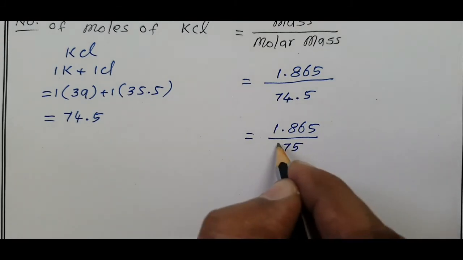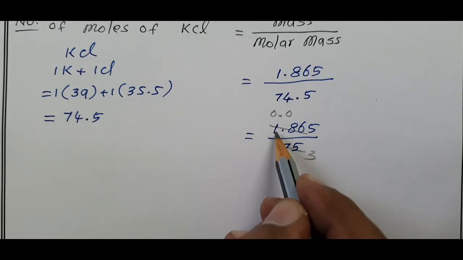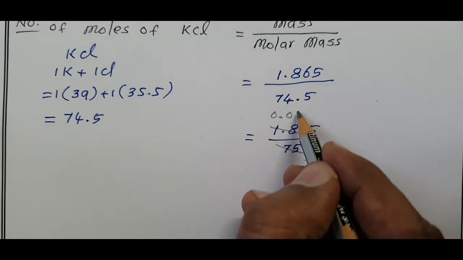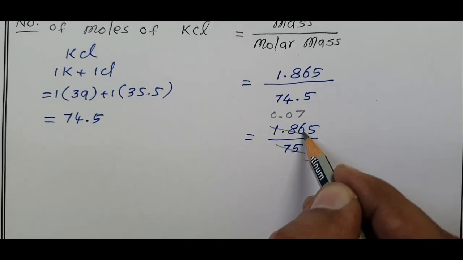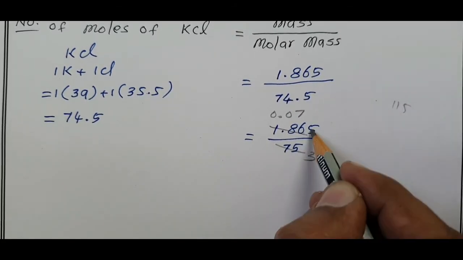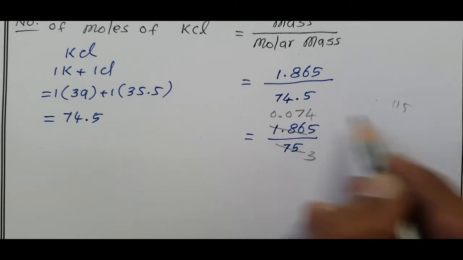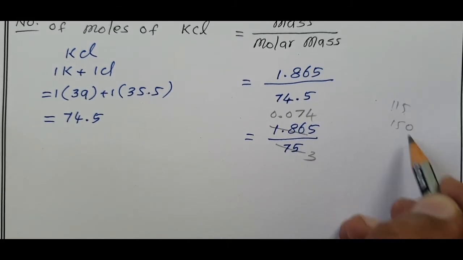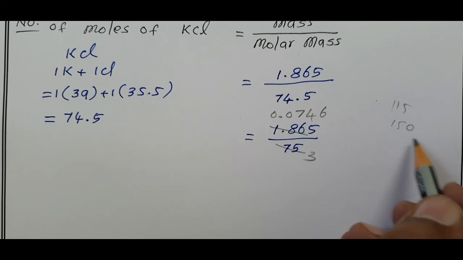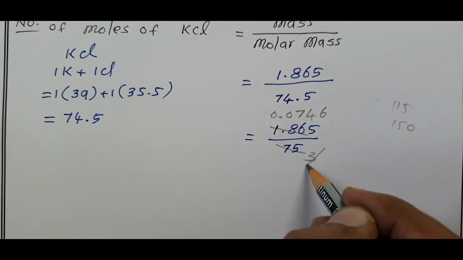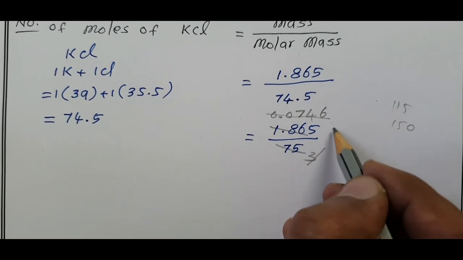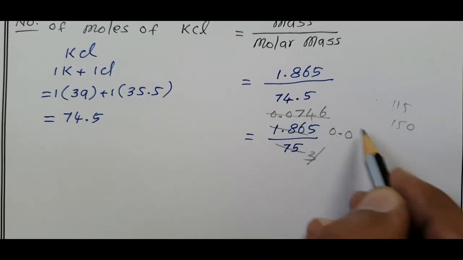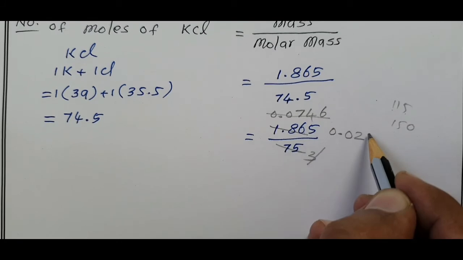Now we cancel. 3 25s are 75, 186 is 0.0. 7 25s are 175, remaining 11, 115. So in 115, 4 25s are 100, remaining 15, 15. 6 25s are 150. Cancel the remaining part also. 0.0, 2 3s are 6, remaining 1, 14.